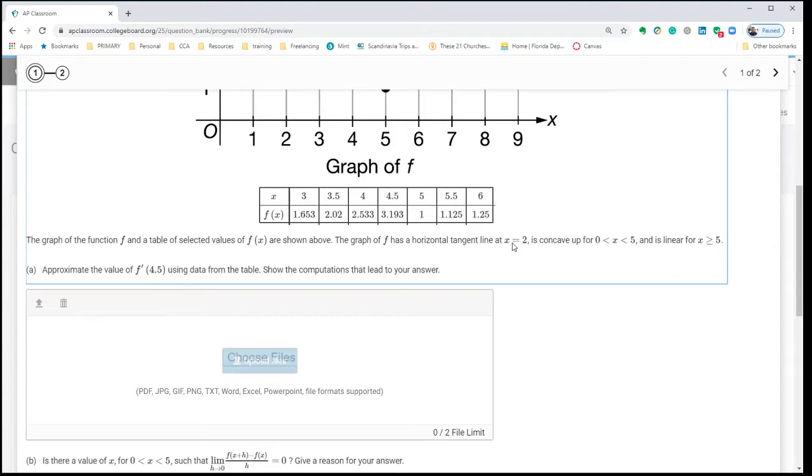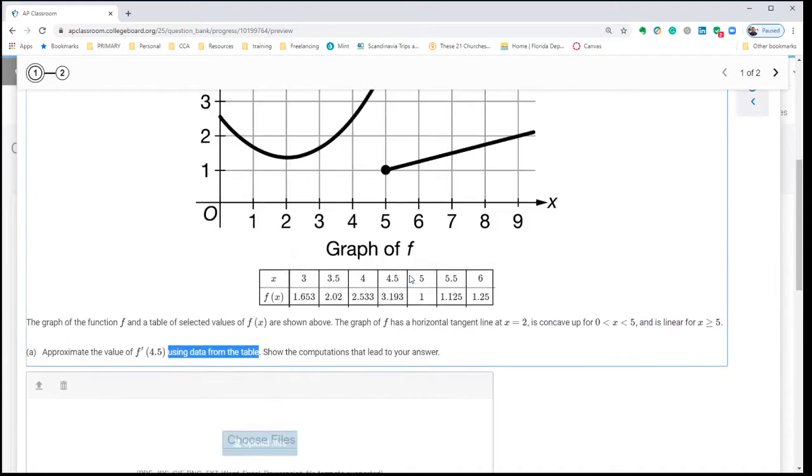Question A says approximate the value of f prime of 4.5 using the data from the table. Show the computations that lead to your answer. So here's the first trick, and I will tell you this: the trick caught me. It says use data from the table, not the graph.